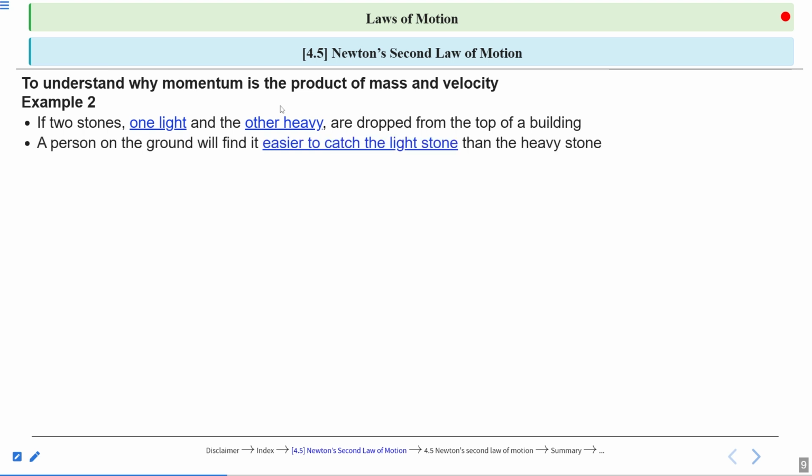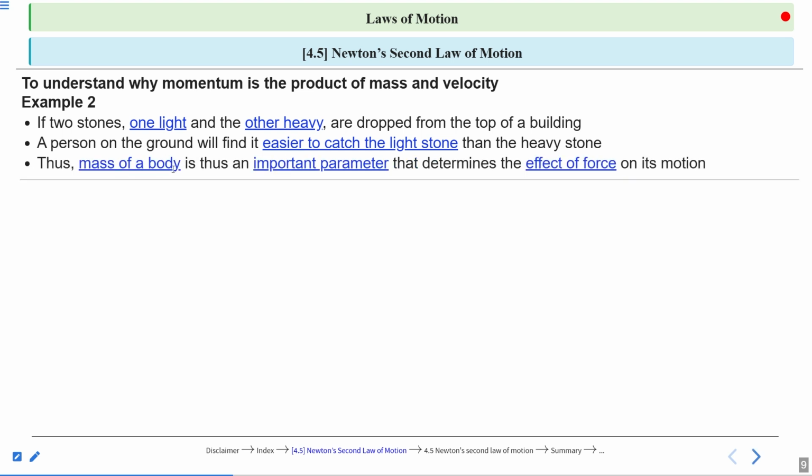So when we drop them from the top of a building, a person on the ground will find it easier to catch the light stone than the heavy stone, because the weight of the light stone is less as compared to the heavy stone.